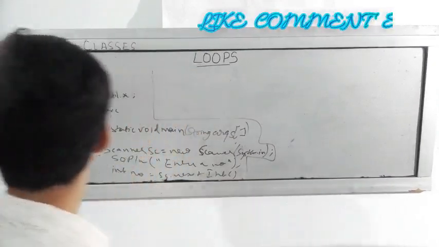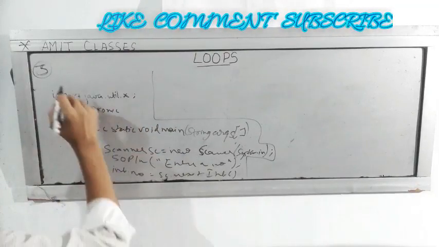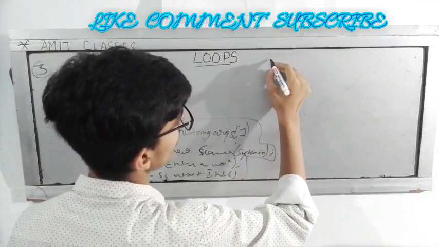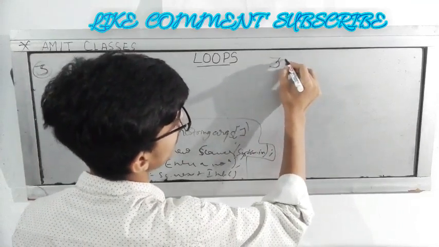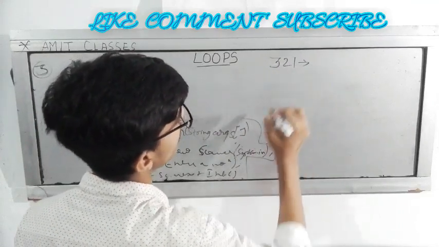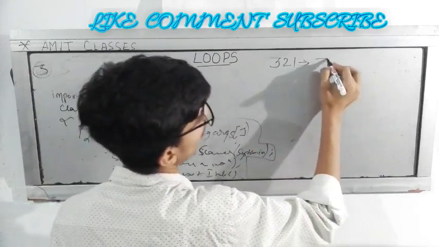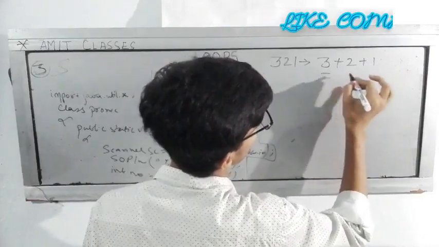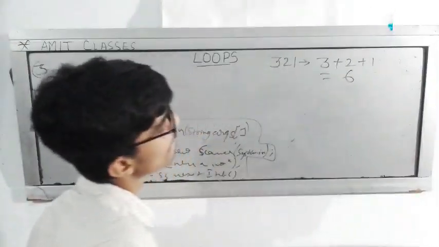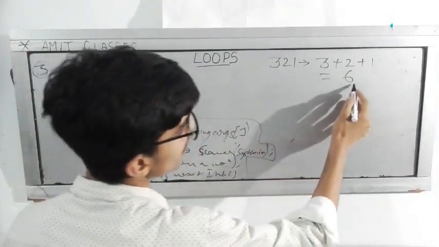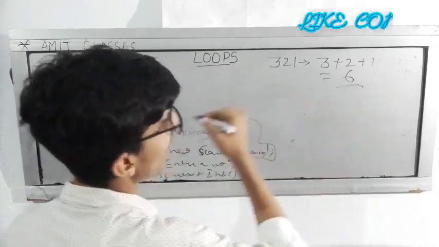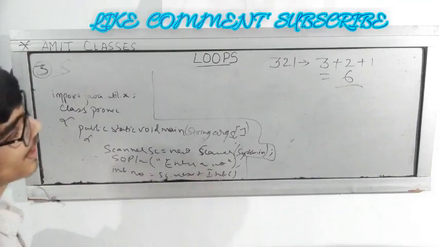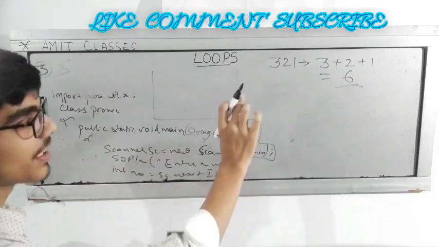So now, if we say there is number 3 2 1, then the sum of all the digits, 3 2 1, means 6. In this program we want 6 as the output. So how will we find each number?